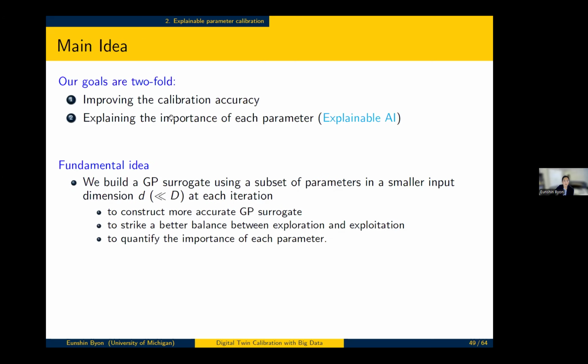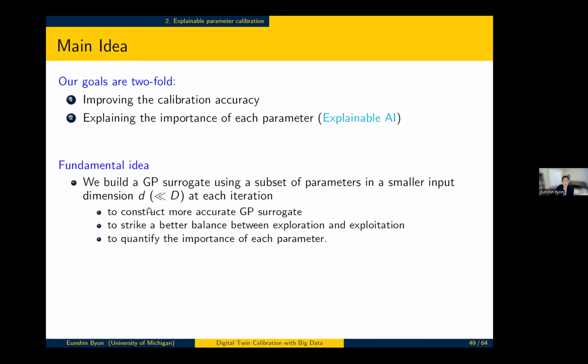So our goals, we have two goals. First of all, of course, we want to improve the calibration accuracy and efficiency. And the second goal is to identify those important parameters and explain the importance of those parameters. So explainable AI. And to achieve these goals, our idea is to build a Gaussian process surrogate in BO using reduced dimensional parameters.